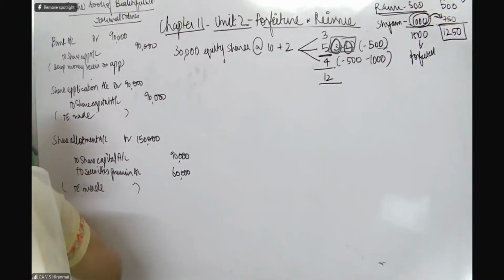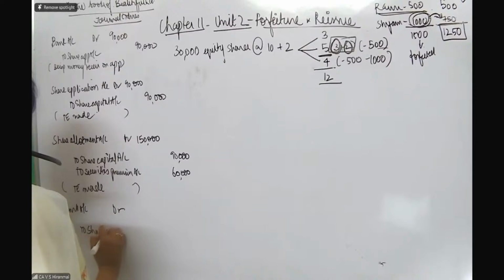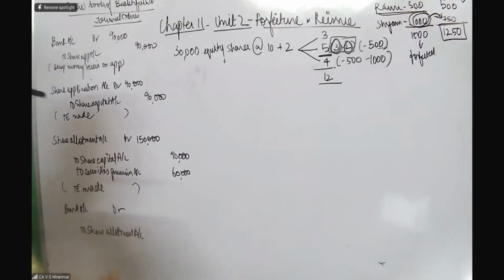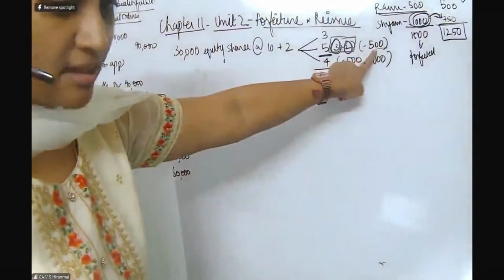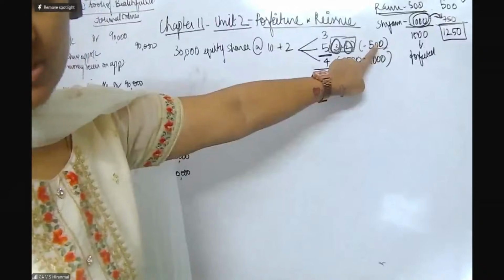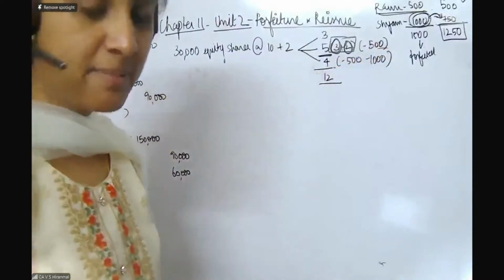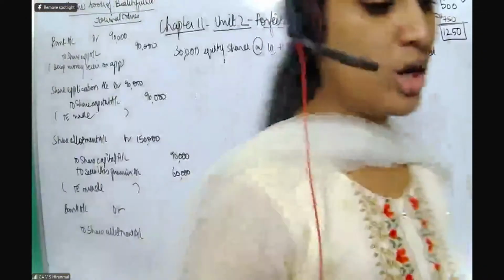So in the receipt entry, it will be the bank account. Bank account debit to share allotment. Here, my dear students, you have to remember there is a minus sign. What is the meaning of this minus sign? It means there has been a calls in arrears.